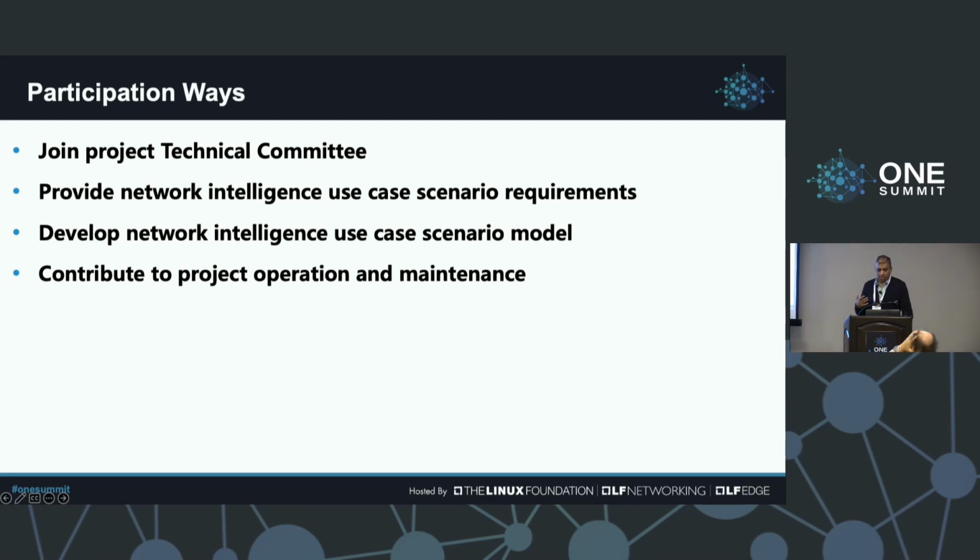Yeah, and Weisen explained China Mobile will be opening up this whole NICIP platform on GitLab, where you can either become the problem proposer and propose a problem, or you can work on solving those problems, or you can be on the reviewer committee. So you have these 3 options to participate in NICIP.